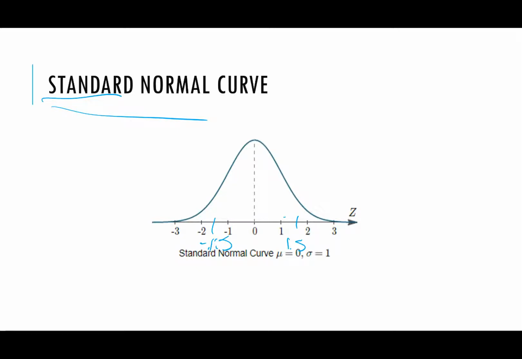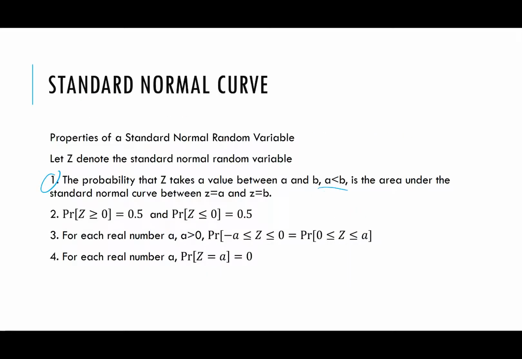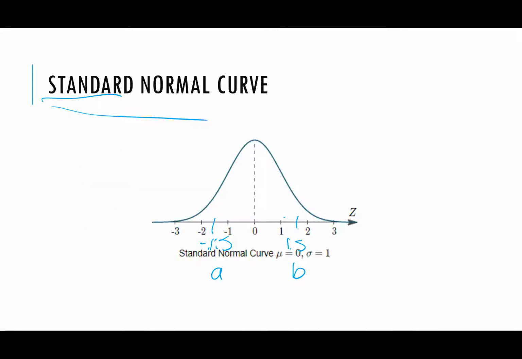When it says a less than b, it just means a is on the left side and b is on the right. The area under this curve is the probability. So from this region to this region, our probability is that area underneath. If I want to look from 0 to 1, the probability of that region is that area.